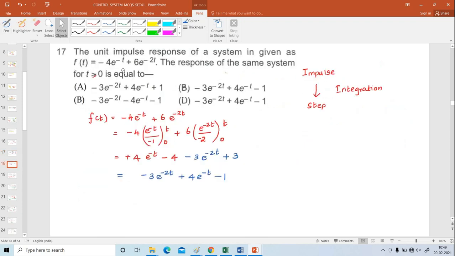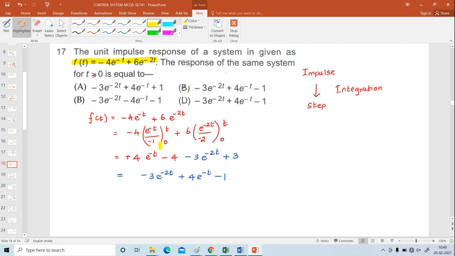Next problem, problem number 17. The unit impulse response of a system is given as f of t is equal to minus 4 e power minus t plus 6 e power minus 2t. The response of the same system for t greater than or equal to 0. So first of all I have to take f of t is minus 4 e power minus t plus 6 e power minus 2t.